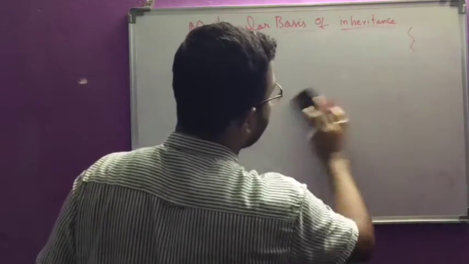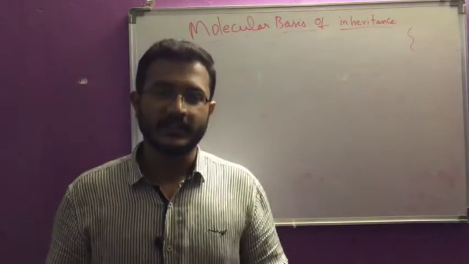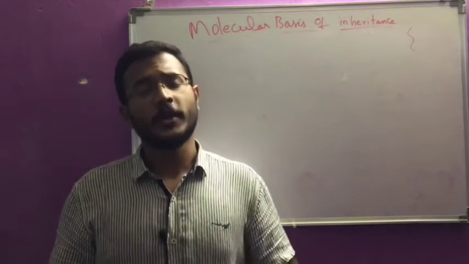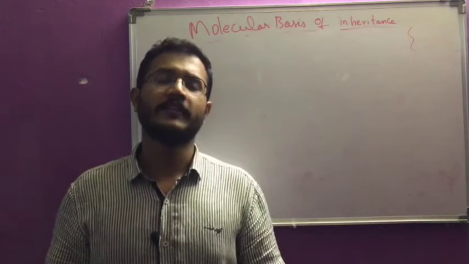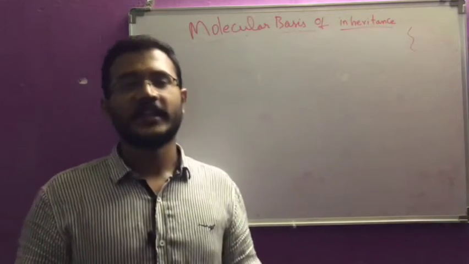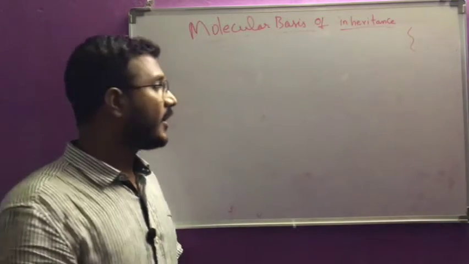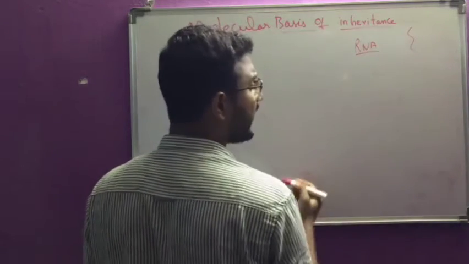Now, why did nature select DNA as the genetic material for most of the organisms? You can observe that whatever organism you take, 99% of the living organisms present on the earth have DNA as a genetic material, and RNA as a genetic material in very few cases.